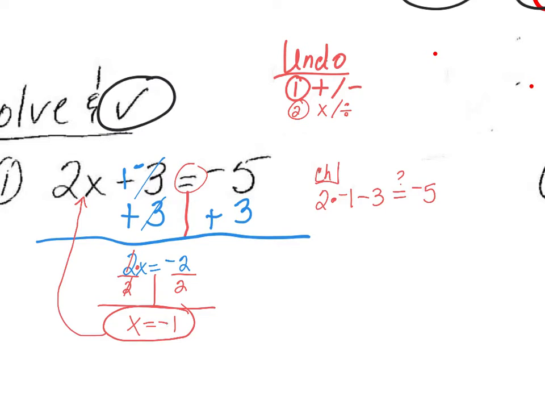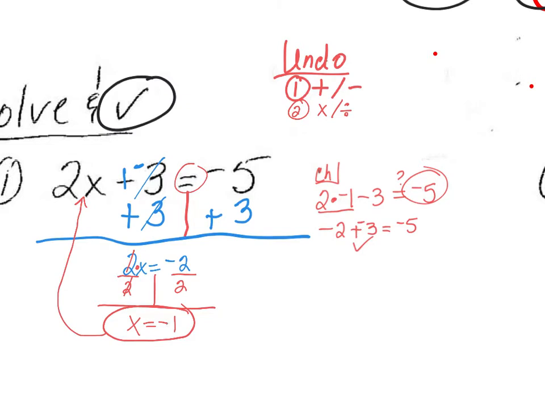You can't just say yes or no, because on the left-hand side, don't you see more than one operation? So we're going to take 2 times negative 1 first, which is negative 2. Drop down your minus 3. I'm going to keep change opposite on that. What is negative 2 plus negative 3? Matthew? Negative 5.